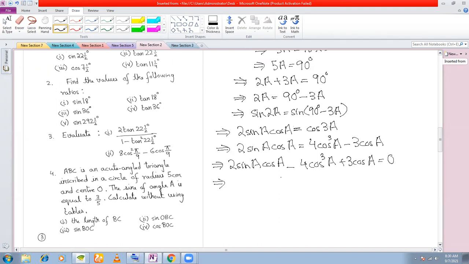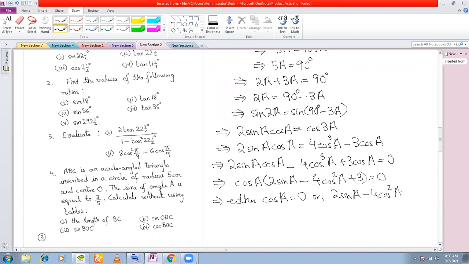Okay. So now from here, you can take cos A common to get cos A times 2 sine A minus 4 cos square A plus 3. That means either cos A is equal to 0 or 2 sine A minus 4 cos square A plus 3 is equal to 0.